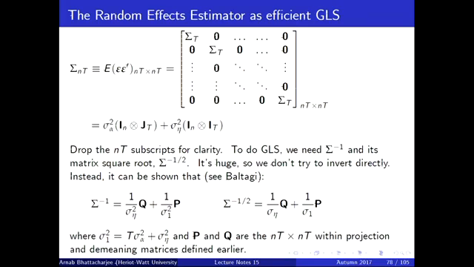This P and Q are the within projection and demeaning matrices. Okay, so that comes out in a simple form. So you don't need much here. All you need is an estimate of this, and an estimate of this. That's all you need.